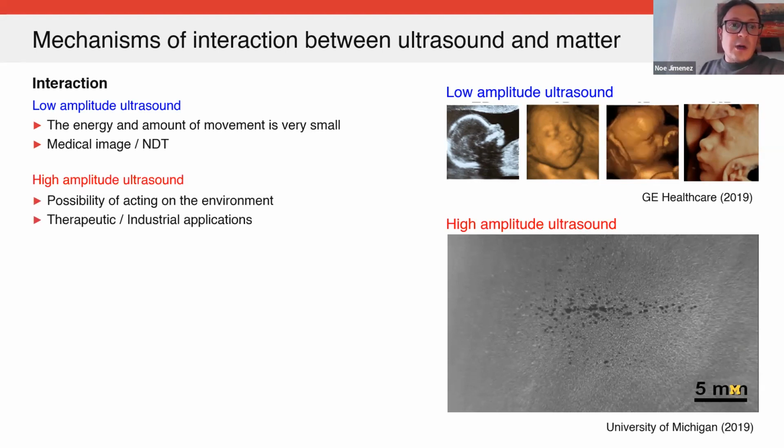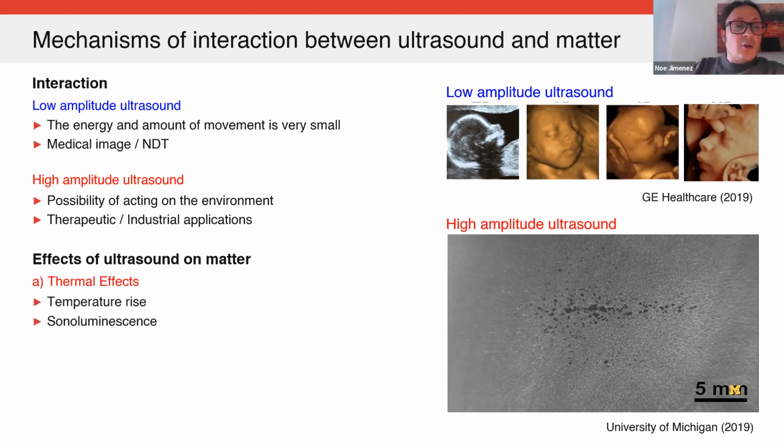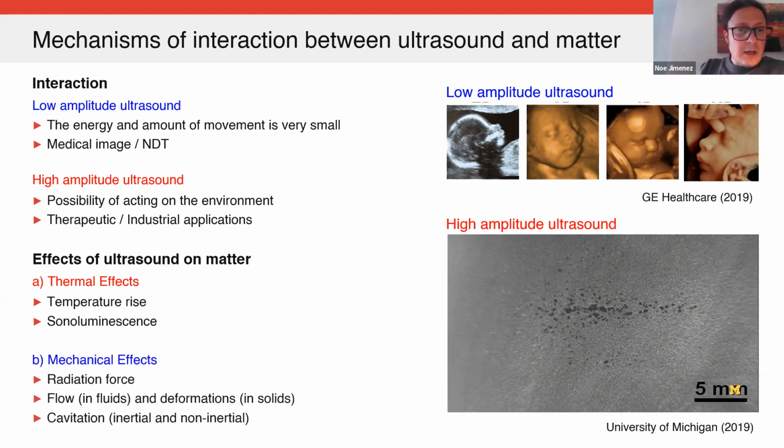For example, you have the possibility to manipulate matter and develop industrial applications, and in the biomedical field, you can develop a lot of different therapeutic ultrasound applications in order to, for example, raise and control the temperature in a specific part of your body from the exterior using a non-invasive technique.